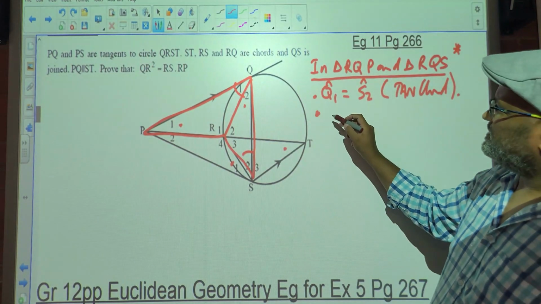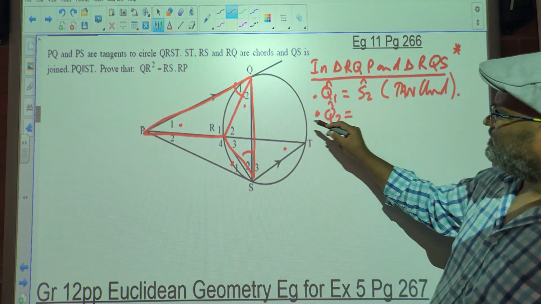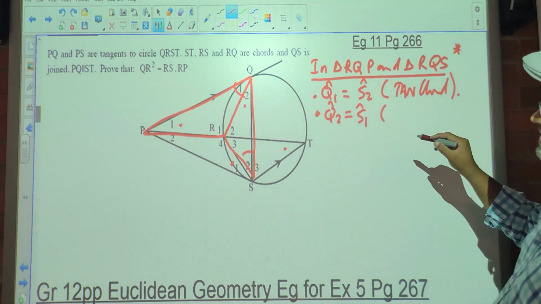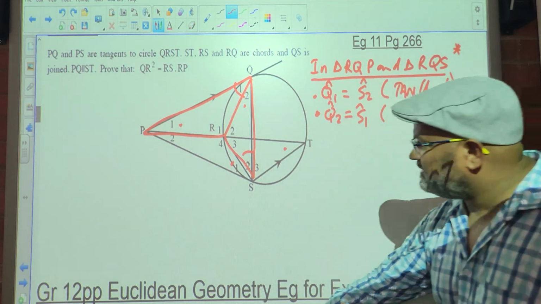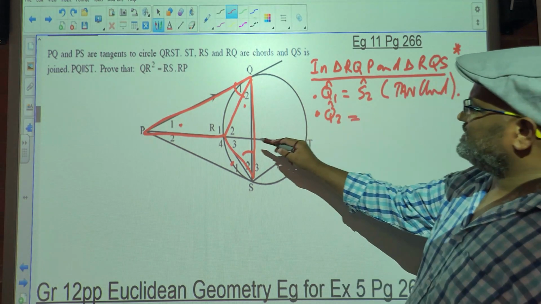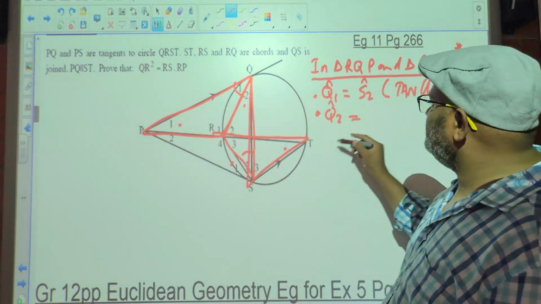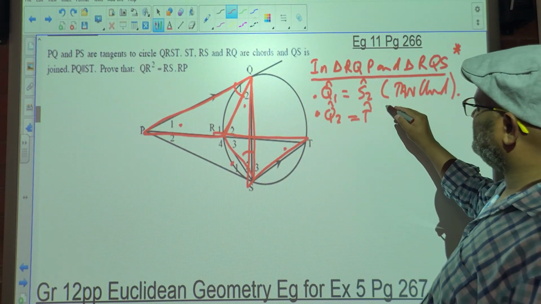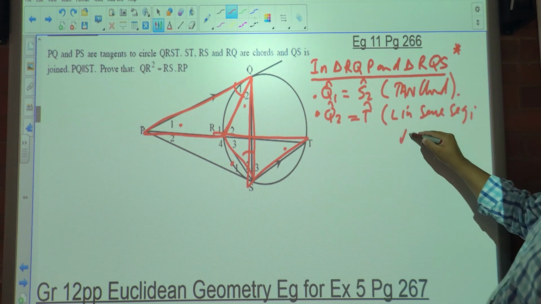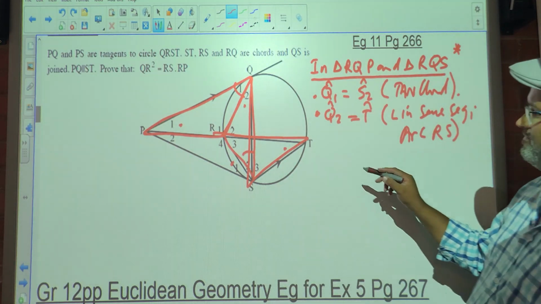So let's go. It's going to be Q2 is equal to S1. I can go with angles in the same segment, correct? As you can see here, here's the bow tie. Okay? So S2 is equal to T1, angle T. Angles in same segment. You don't have to mention the arc, okay?